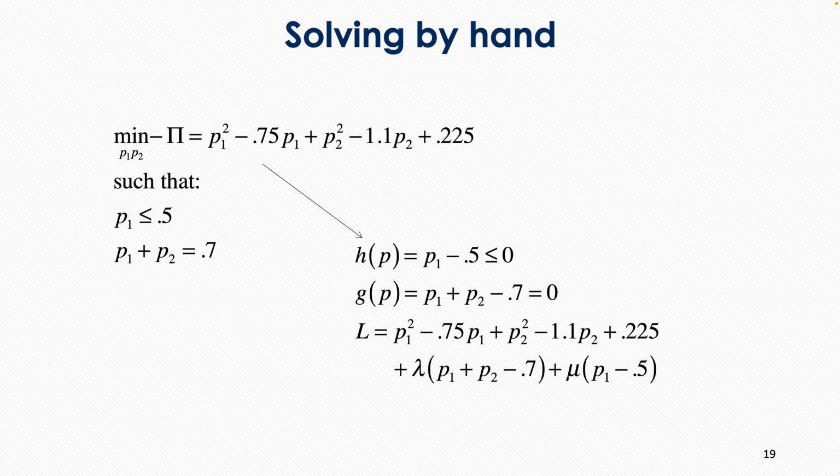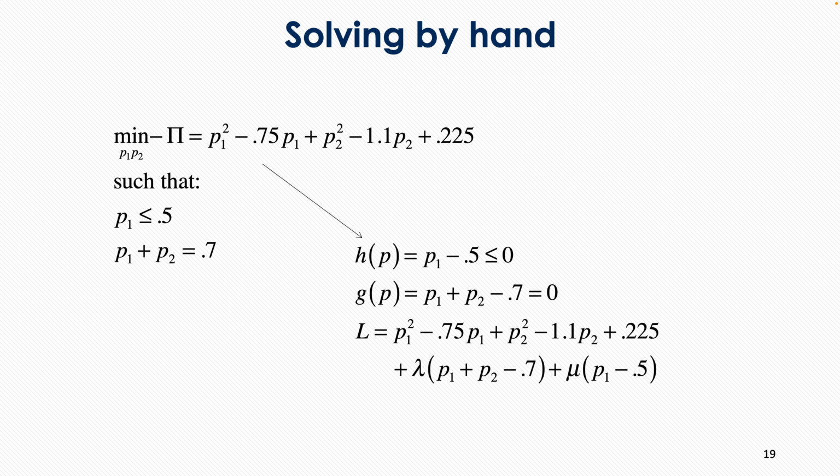So let's set this up. Now we go from our original setup of our problem with our objective function, which is the exact same as it was before, but with respect to P1 and P2, and now I'm adding in my two constraints: P1 being less than or equal to 0.5, and P1 plus P2 equals 0.7.